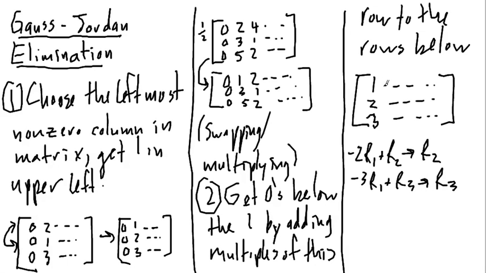It's always the negative of the number you need to make that entry cancel out, and that gives you 1, 0, 0 in the first column.